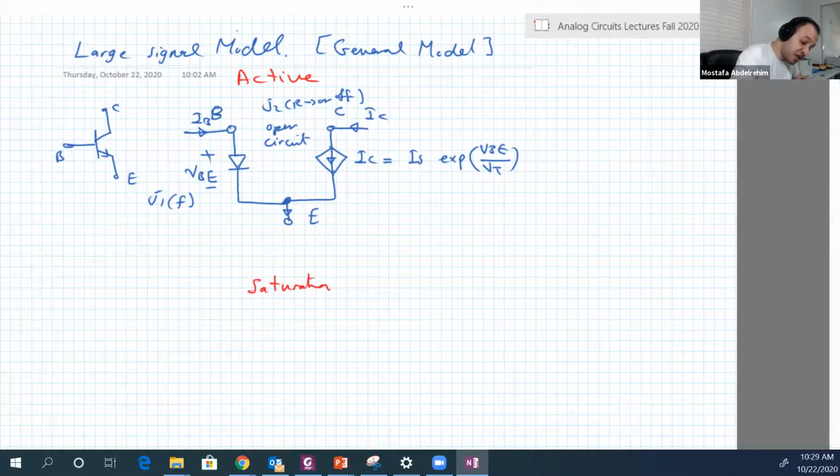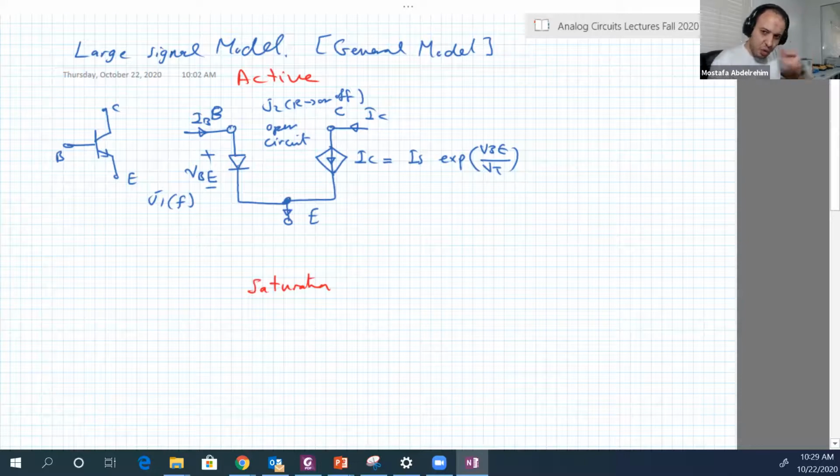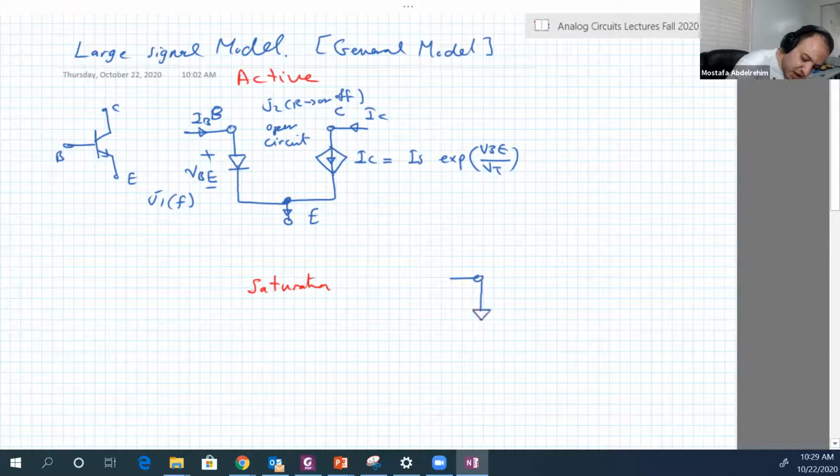So in saturation, we have something similar, except that we will add one more diode. We have the original model, still almost the same.